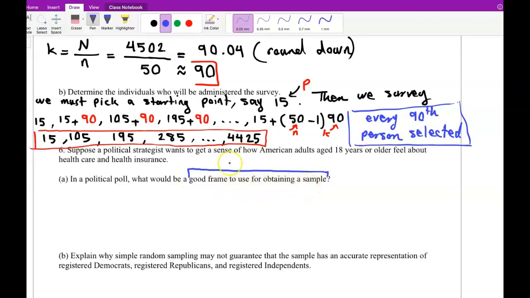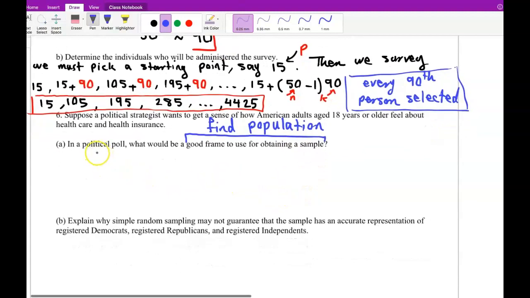This one means find population. A good frame would be all registered voters who have voted in the past few elections, since they are more likely to vote. So we can have that one for our population.